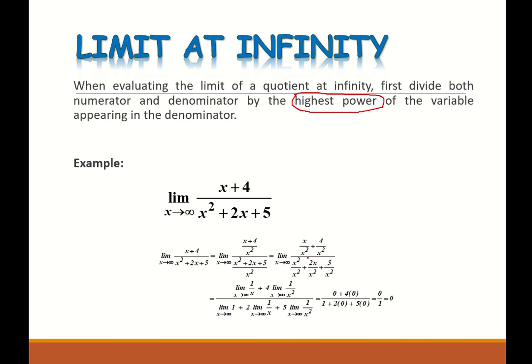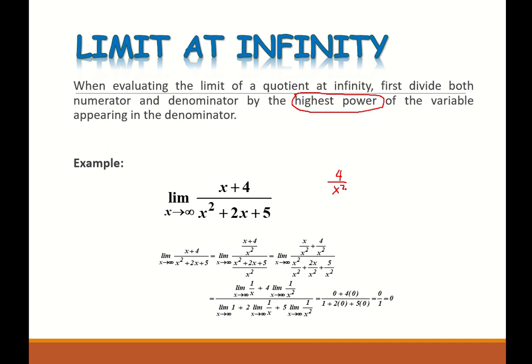So what's the result now? When you divide x by x squared, that becomes 1 over x. Then you have 4 times the limit, because this can be 4 over x squared.